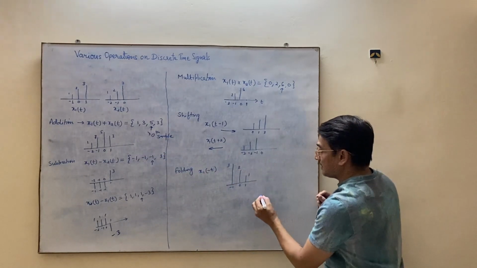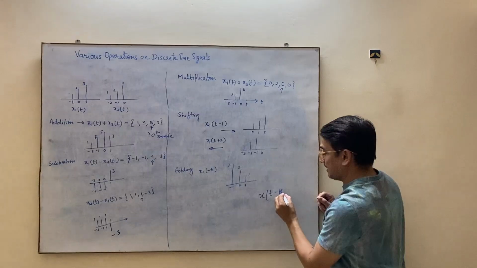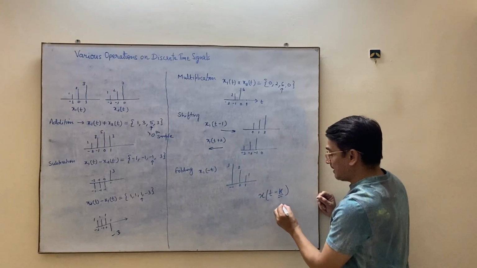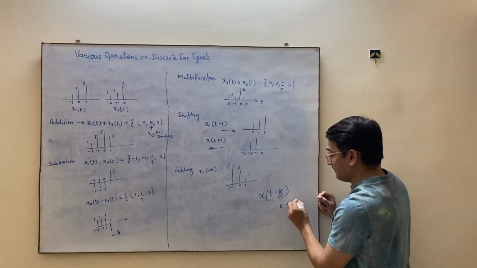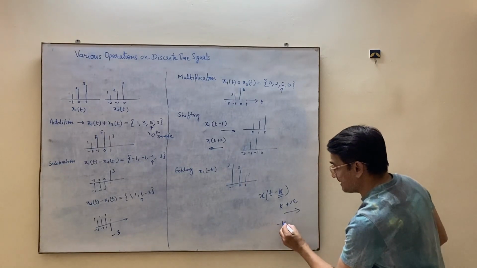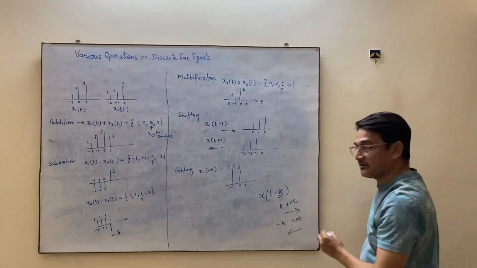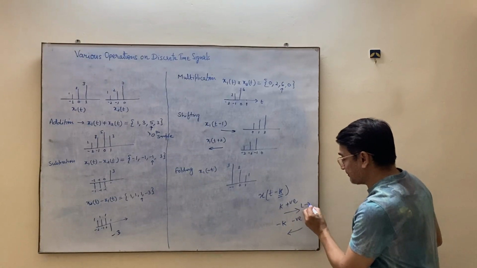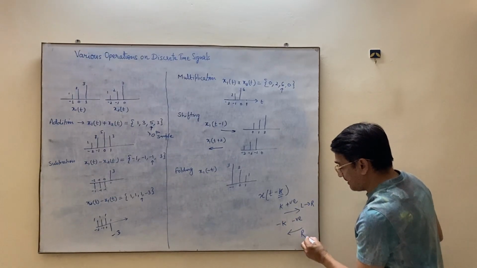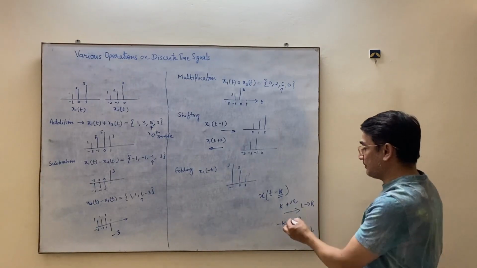Basically, x of t minus k. Here, if k is positive, you have to shift in this direction, and if k is negative, then you have to shift your function from right to left. This is how you have to perform.